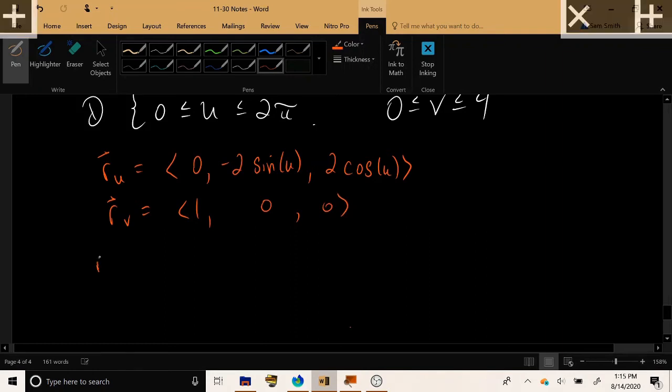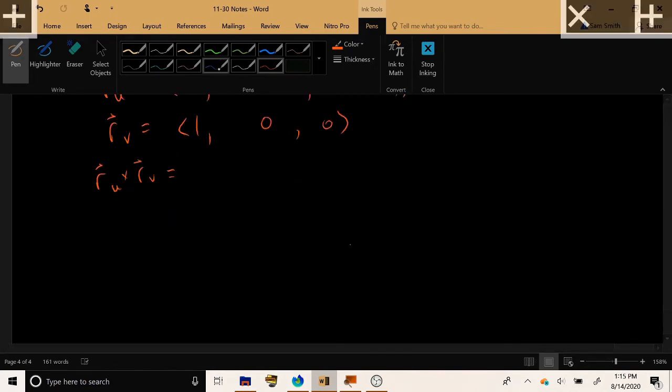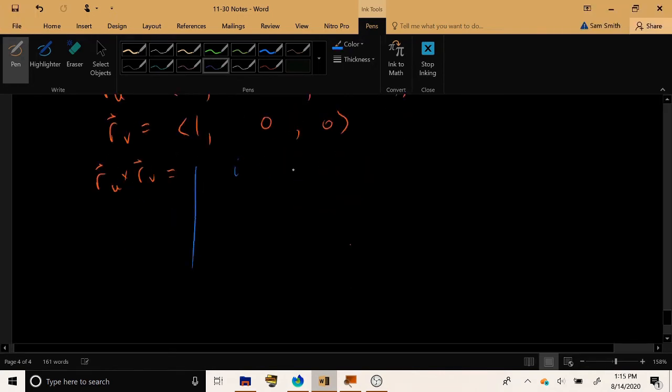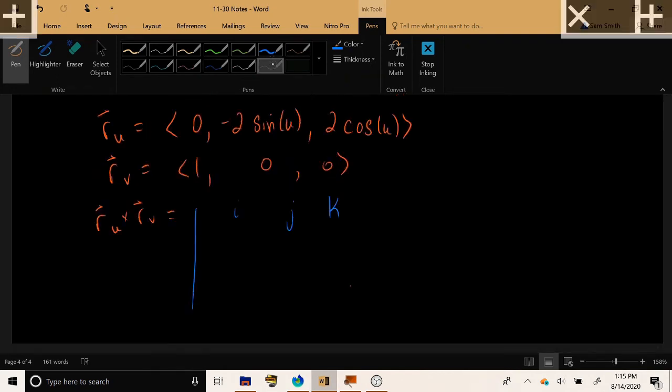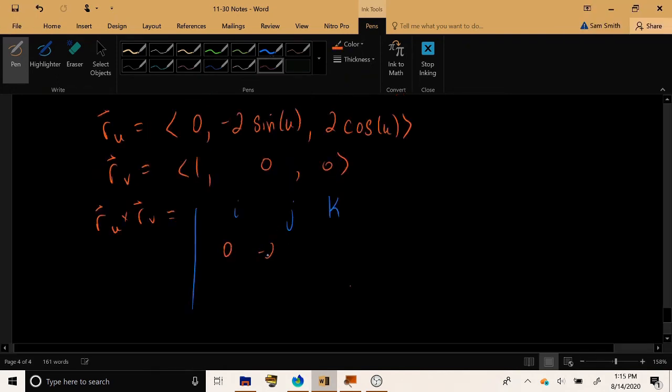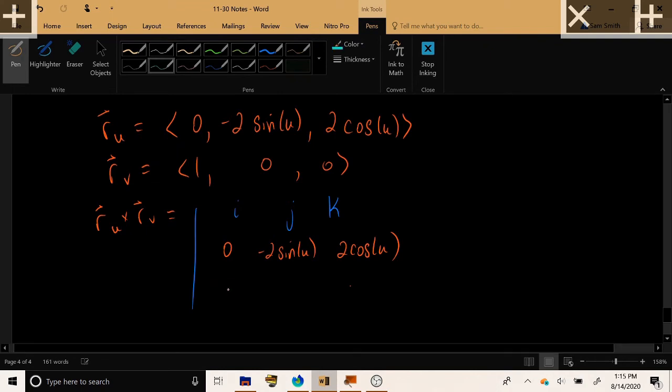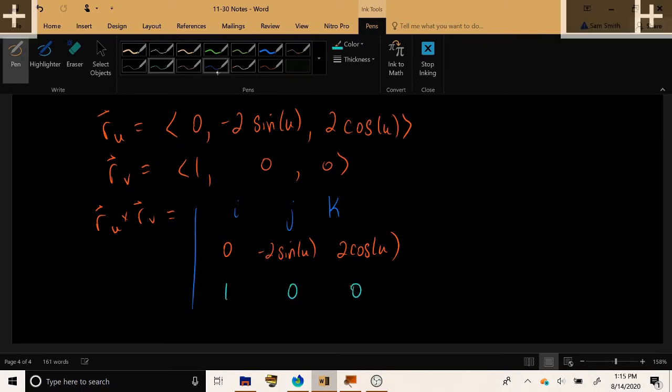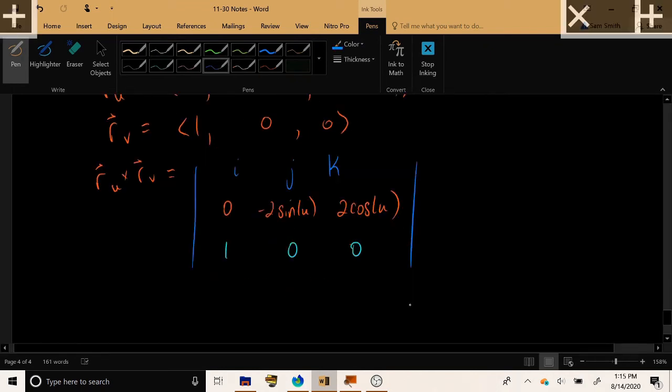But the other two coordinate functions don't depend on v at all, so these two derivatives would just return 0. Now let's take the cross product. Okay, so let's fill up our matrix with the traditional i, j, and k, and with our coordinates u derivatives, and with our coordinates v derivatives. And let's calculate the determinant.